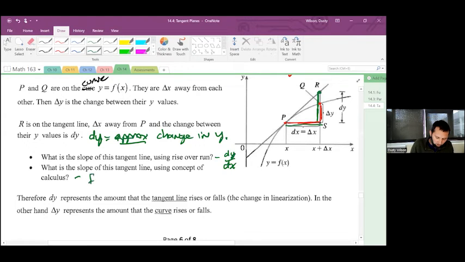That would be f prime of x. So therefore, dy represents the amount that the tangent line rises or falls. There's the change in linearization for some given delta x or delta y. And on the other hand, delta y represents the amount the curve rises or falls, the exact amount.